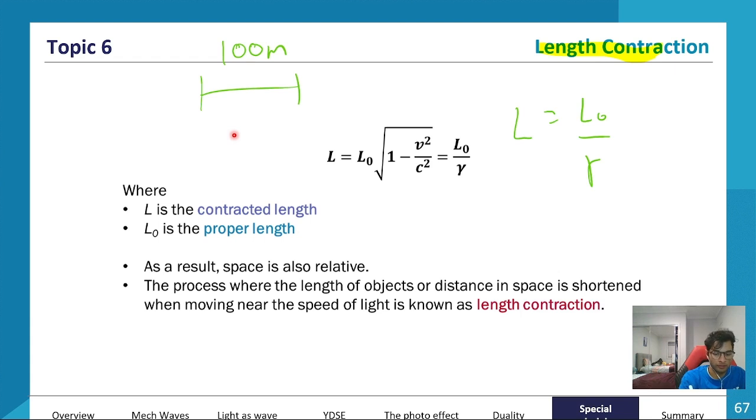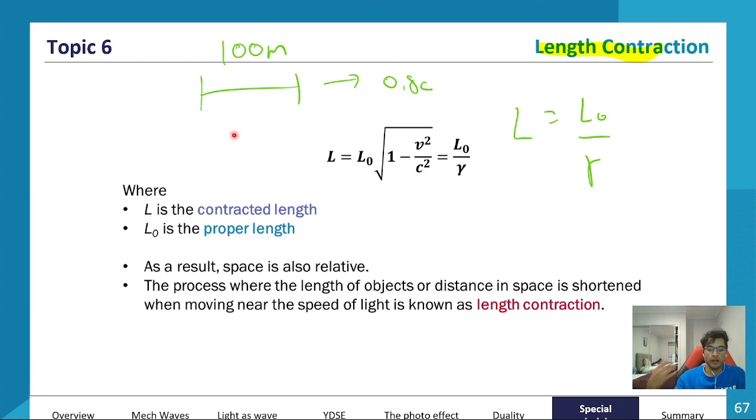So let's say the rocket's traveling at 0.8 c. If you are on the rocket, you're in the same reference frame as the rocket, and because of that you can easily measure the length to be 100 meters. But because we are the outside observers looking at the rocket, we're going to see a contracted length.